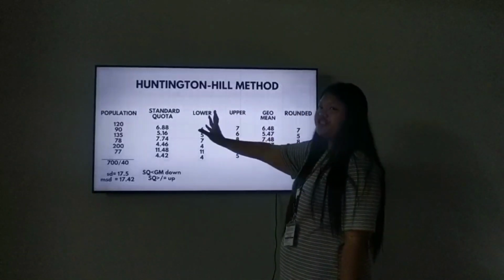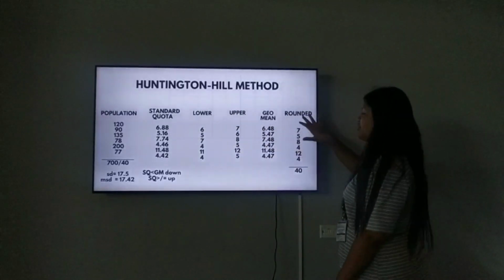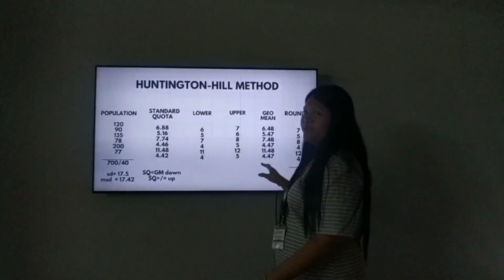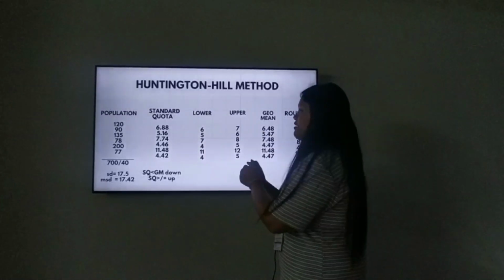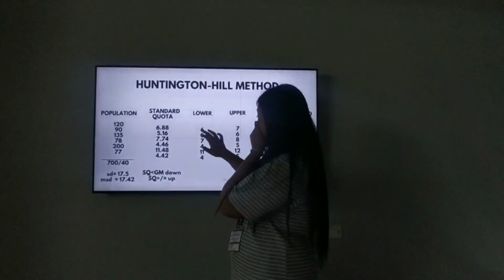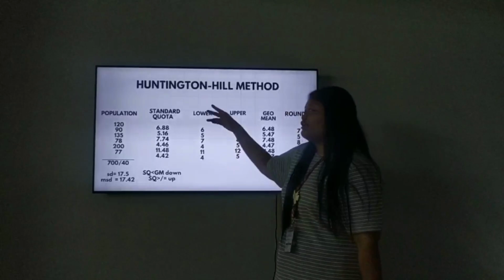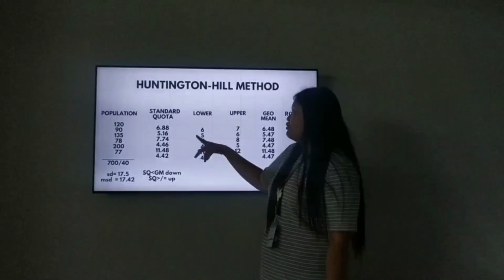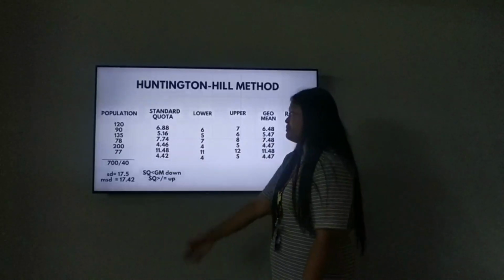As you can see, we have lower, upper, geometric mean, and rounded sections here. I'll explain how we can get these. In getting the lower quota, we just copy the whole numbers from the standard quota.